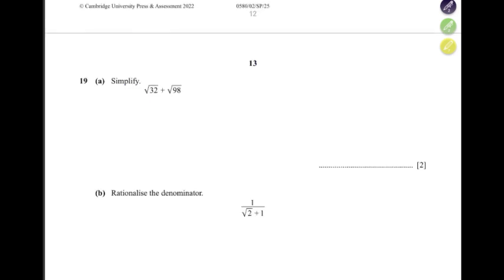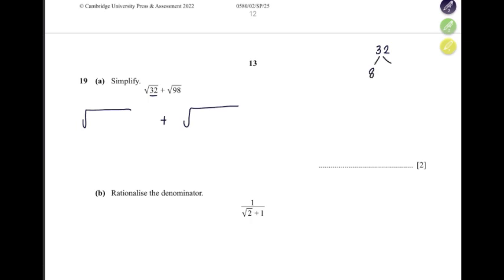Simplify square root 32 plus square root 98. Okay, so let's put square root plus square root. Now you need to write 32 in terms of numbers that can be square rooted easily. So what is 32? 32 can be written as 8 times 4.